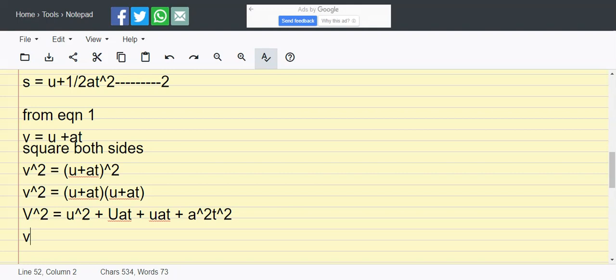So v raised to power 2 equals u raised to power 2 plus 2uat plus a raised to power 2 t raised to power 2.